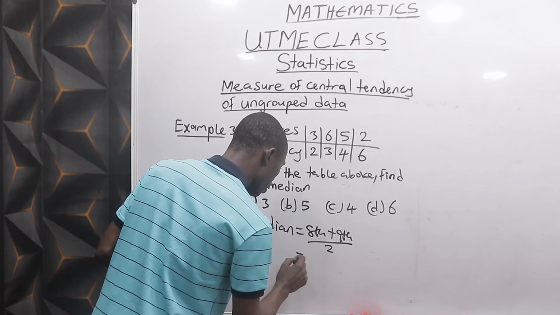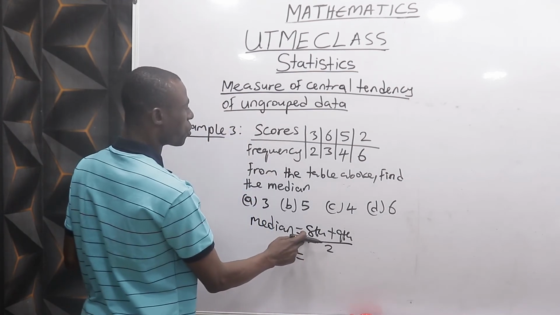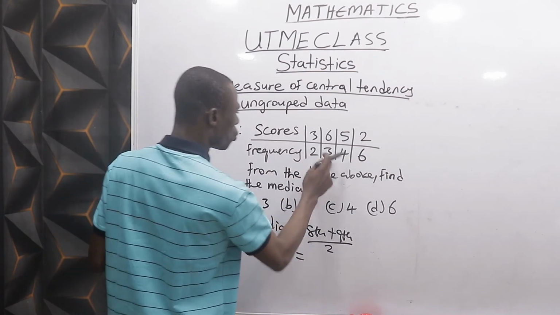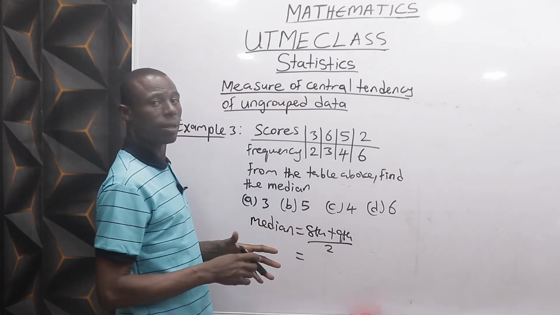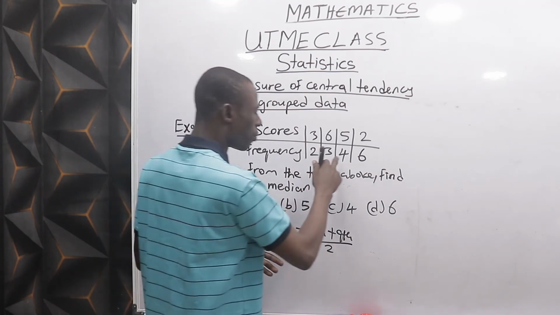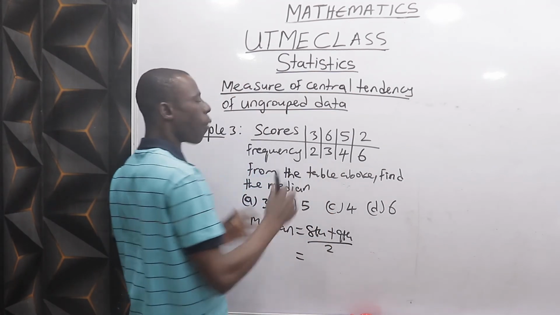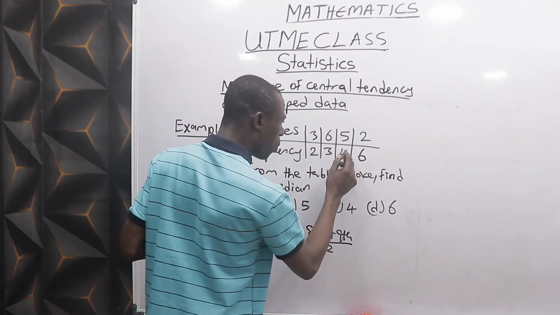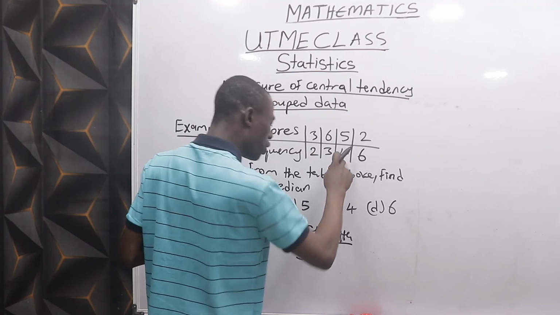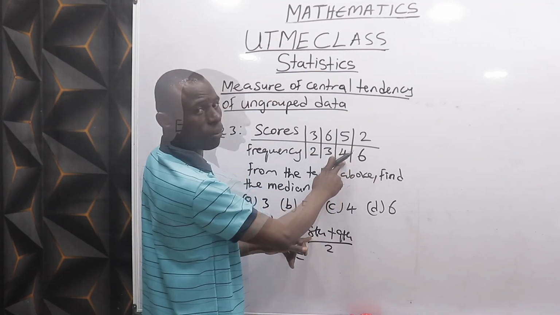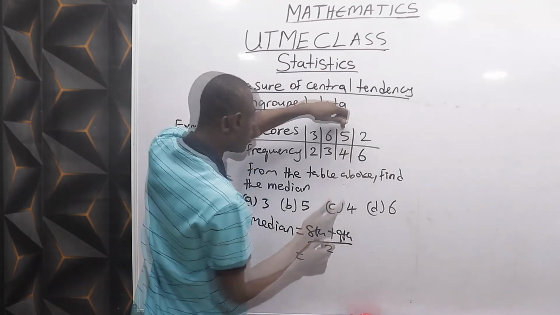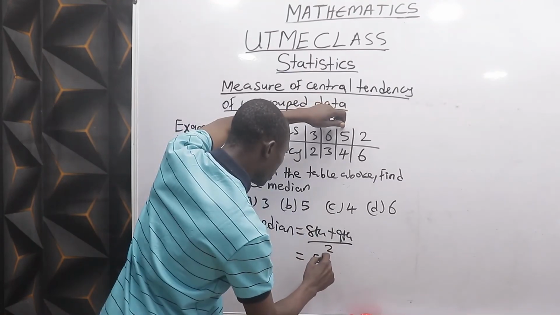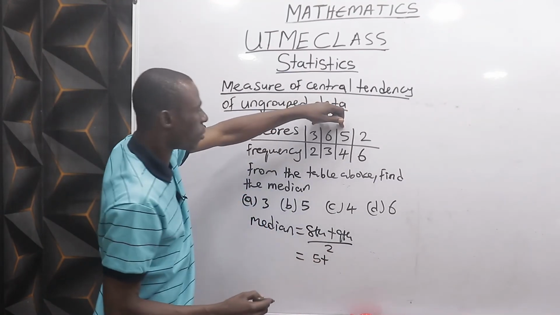What is at the 8th position? Add 2 to 3, that is 5. 5 plus 4 is 9. That means at this point, we reach the 8th position. So look up there. The value there is the real value we are looking for.